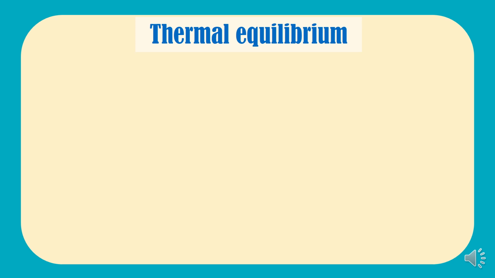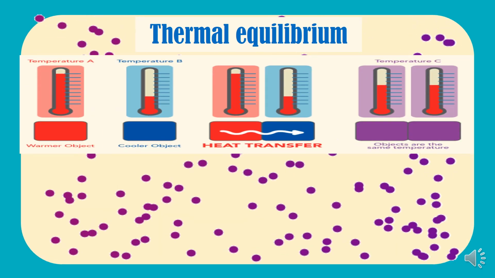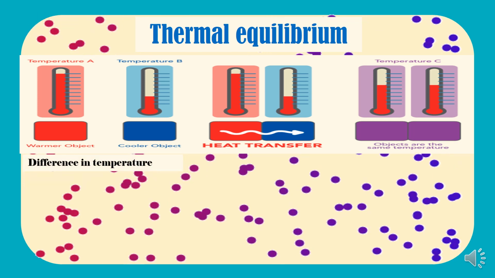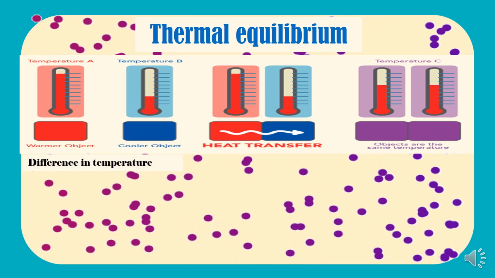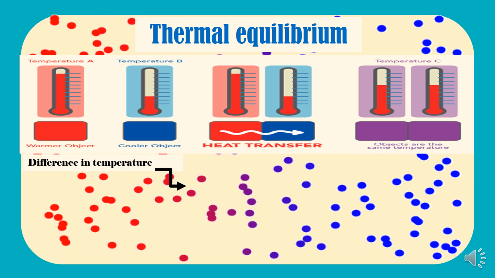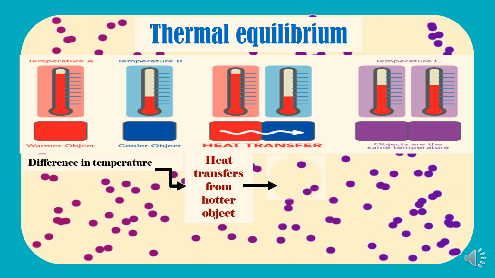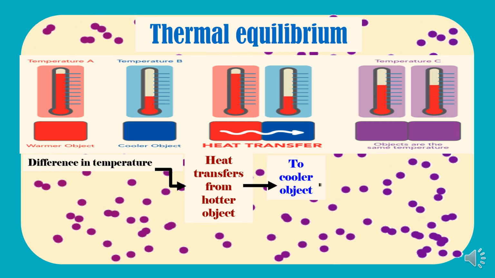Thermal equilibrium. To understand what is thermal equilibrium, look at this picture. As we said before, heat transfers between two objects that have a difference in temperature, from the hotter object to the cooler or lower object.